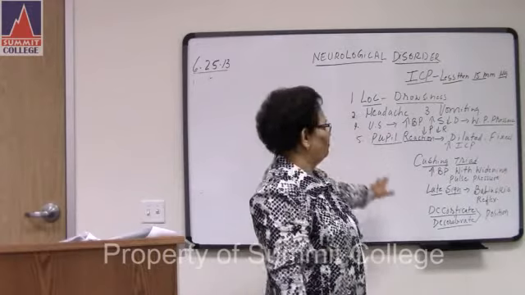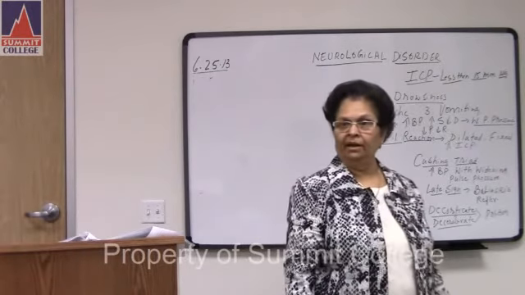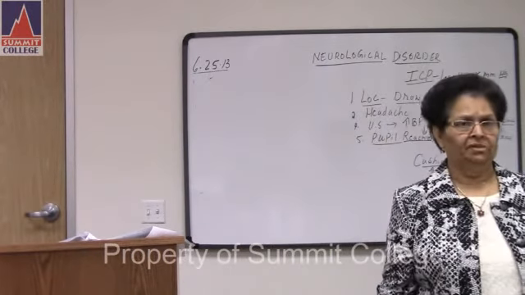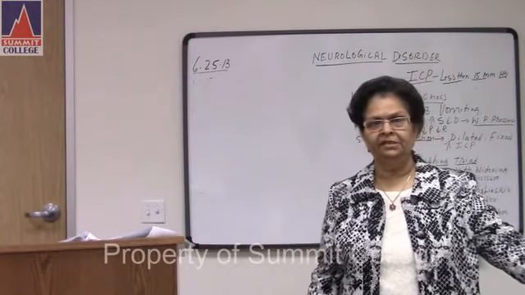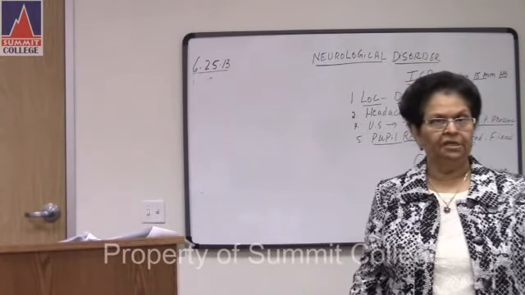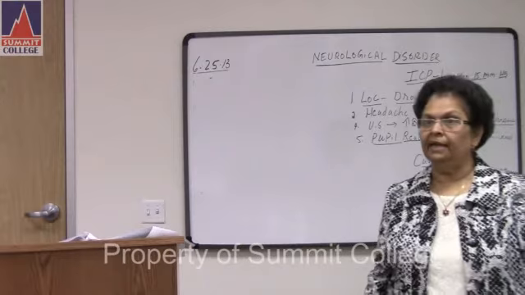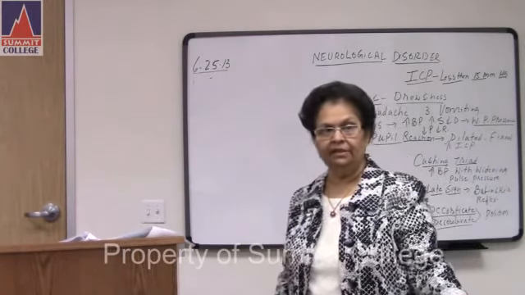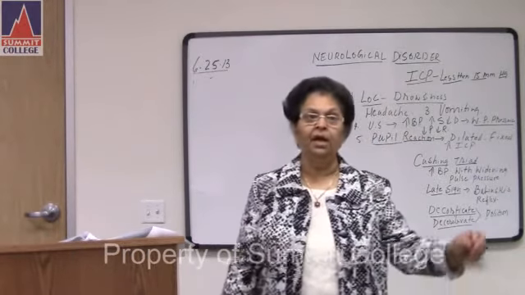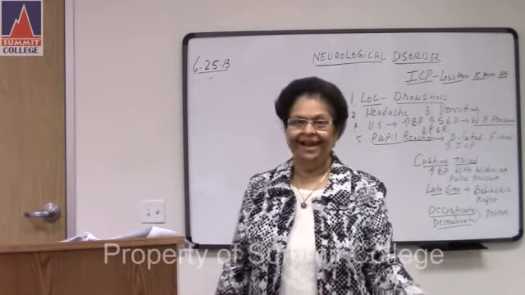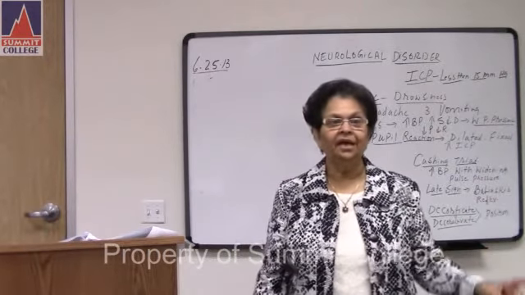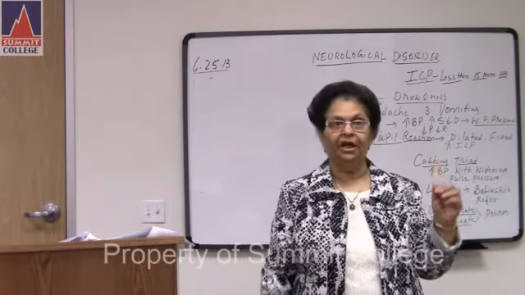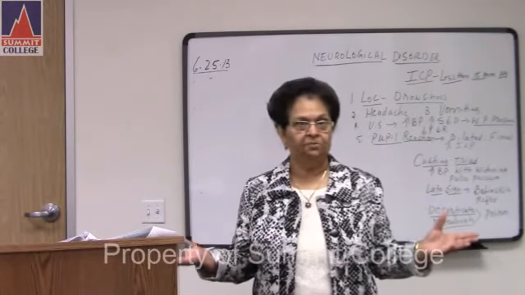I want everyone to have this in your mind, even without books. What is the earliest sign of ICP? Level of consciousness. Headache, vomiting, vital signs. What is in the vital signs? The word I said, remember, Cushing triad. And Cushing triad is increasing blood pressure and widening pulse pressure.